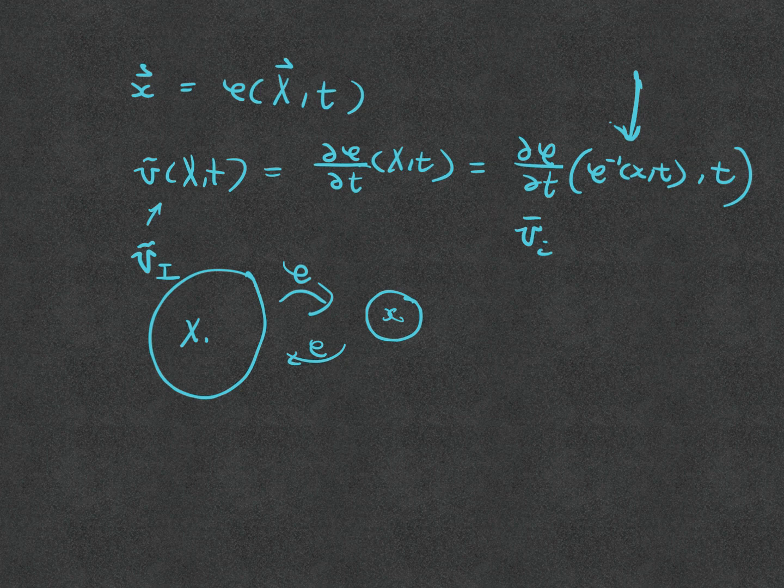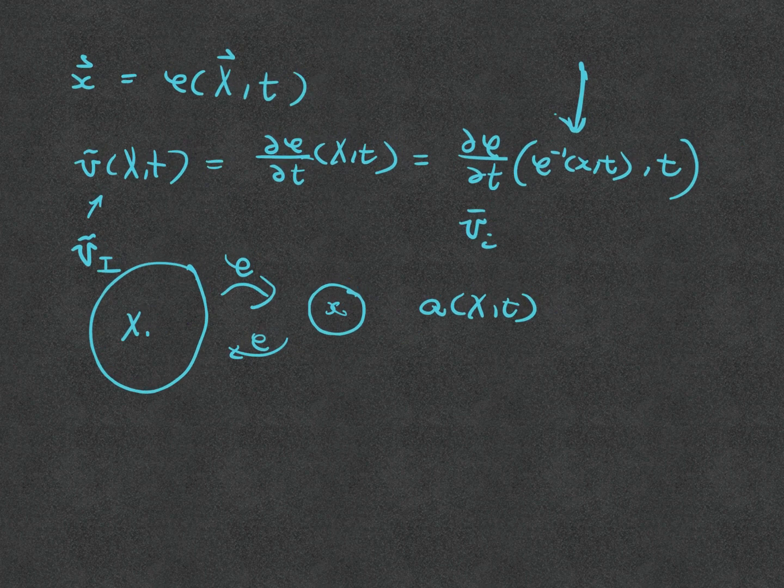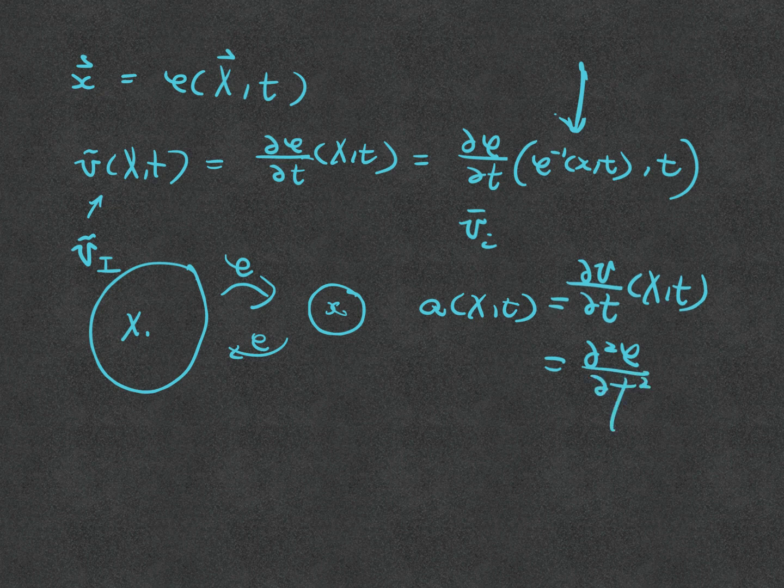And then the same thing for the accelerations. If I want to define accelerations in the reference configuration, it would be the partial derivative of velocity in the reference configuration, and it would also equal the second derivative, which is actually the... okay, does that make sense?